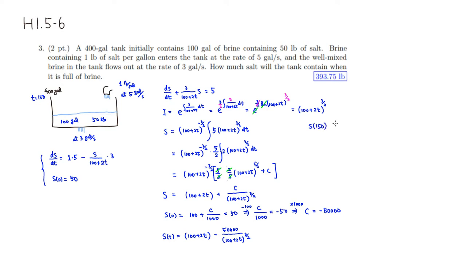And this comes out to be 150 times 2 is 300 plus 100, so that's going to be 400, minus 50,000 over, all right, so this is going to be 400, and the square root is 20, and raise it to the third power, so it's going to be 8,000.